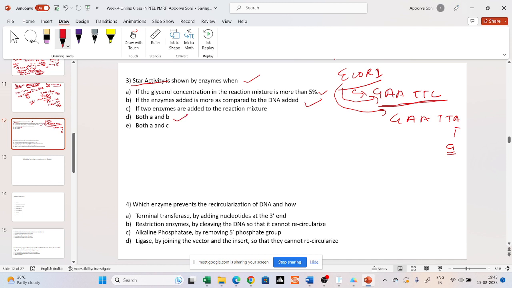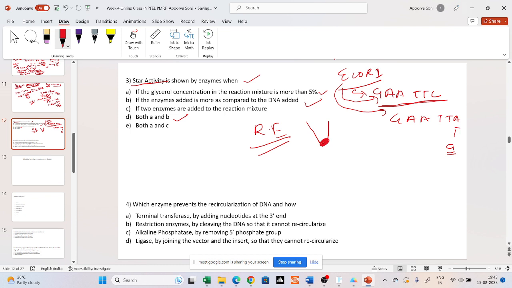So what is glycerol? Basically you have restriction enzymes. I don't know how many of you have seen restriction enzymes. If this is a vial of restriction enzymes, these are suspended in glycerol so that they do not freeze. So you should always add an optimum concentration of restriction enzymes to your reaction mixture.